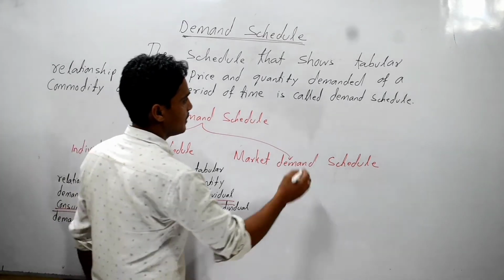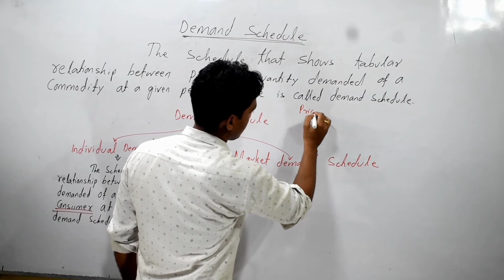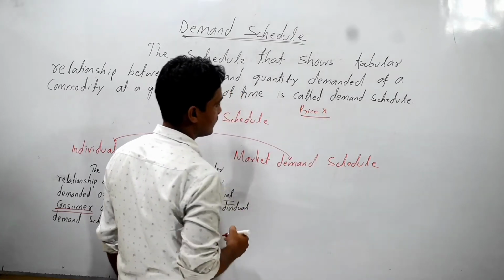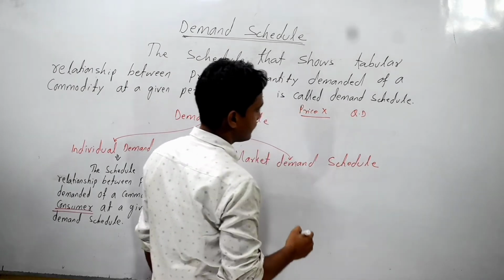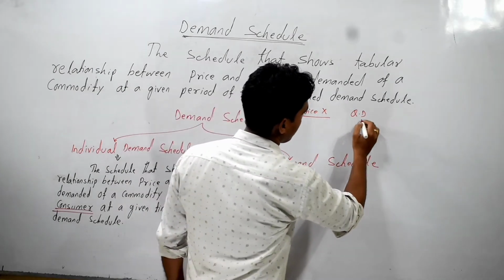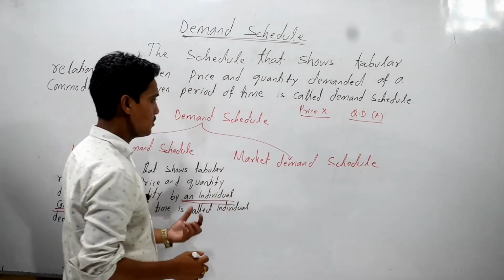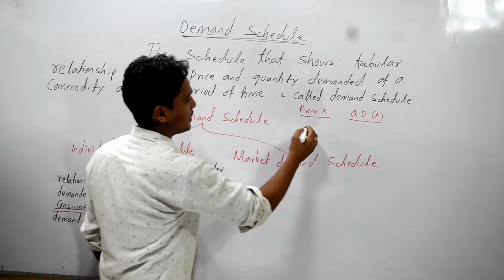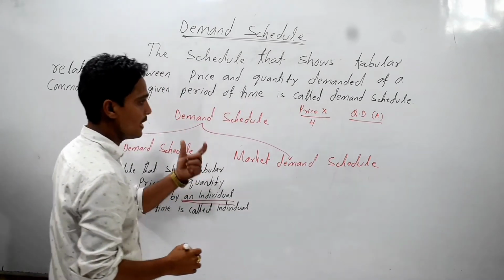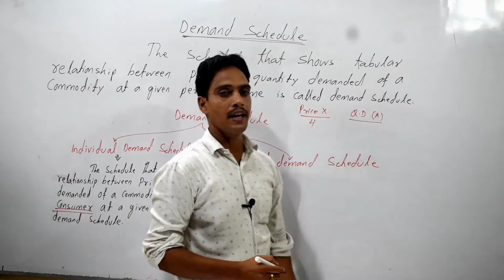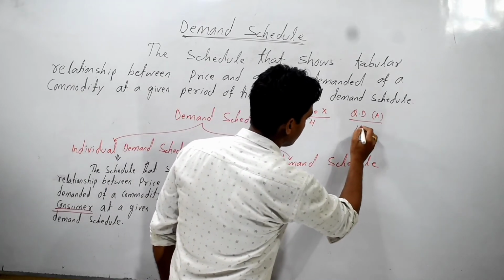Let the price of X and quantity demanded by a consumer A. Suppose the price of the commodity X is 4. At that time, consumer A demands 10 units.